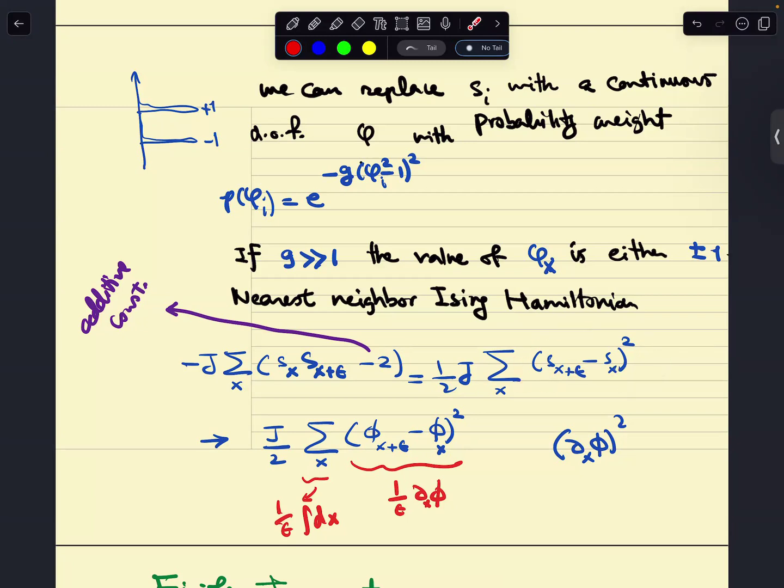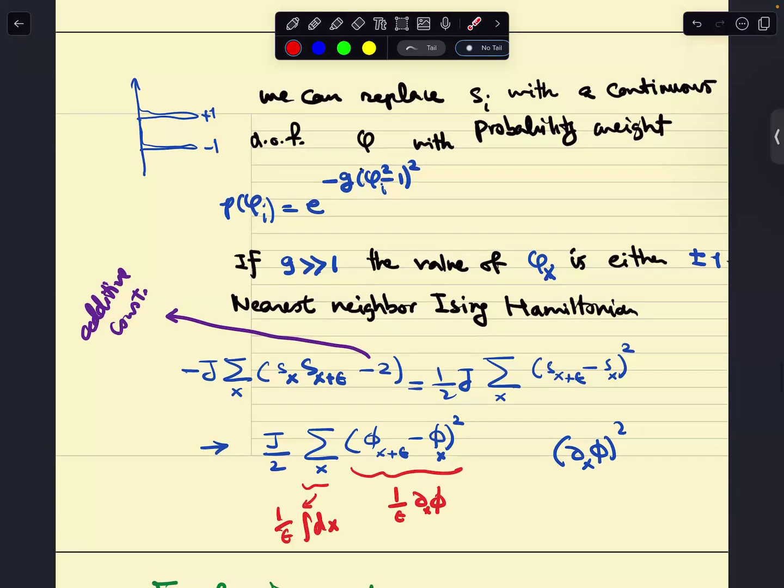Now, as you take the continuum limit, this is phi of x plus epsilon, this is phi of x. In the continuum limit, this becomes 1 over epsilon times del x phi squared, and the sum over x becomes an integral over dx. So you obtain this del x phi squared term.